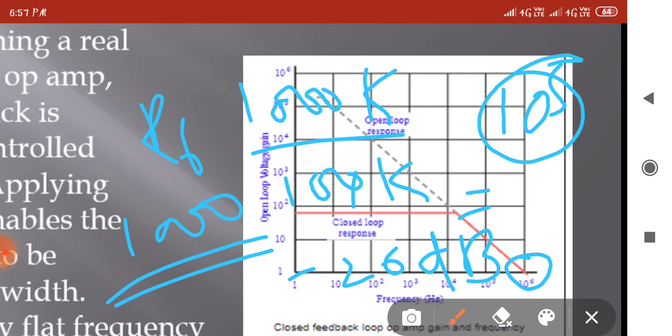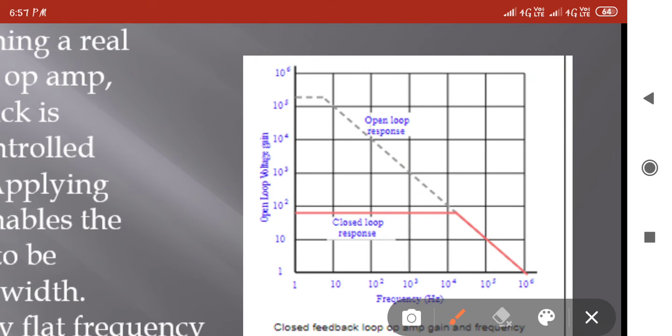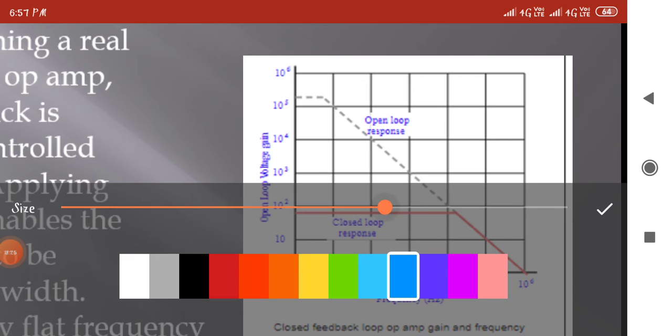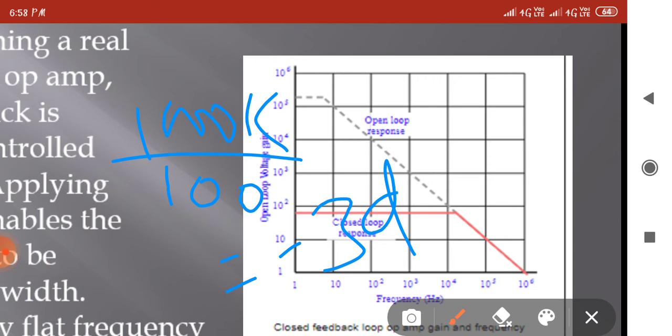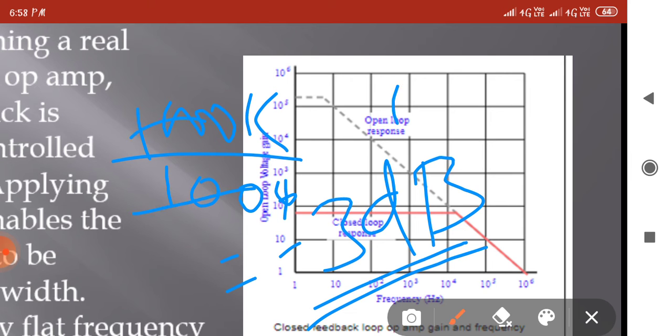If you want to cancel this one, just 100 we can use that one. It is a 1000k. It is a minus 3 dB we have got, correct? We got that one first.